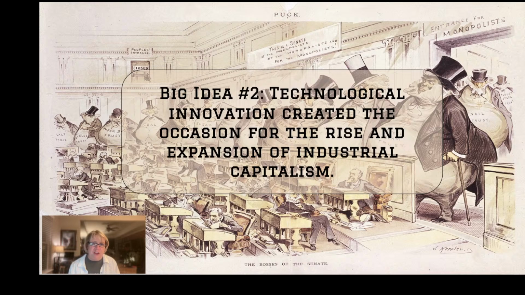New ideas, new inventions, new research is being done, and it's just going to contribute to this growing economy and this growing industrialized society that we are starting to create in the United States.